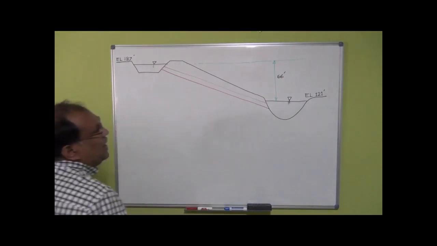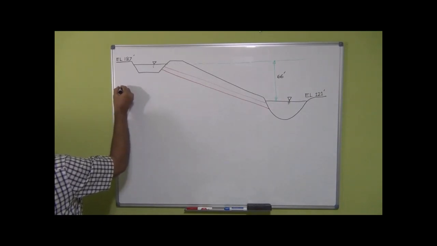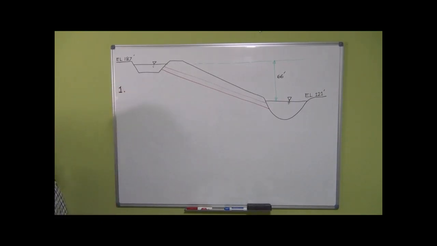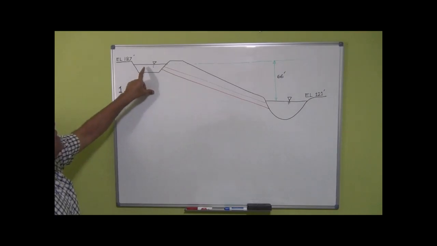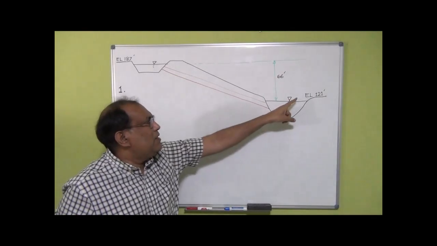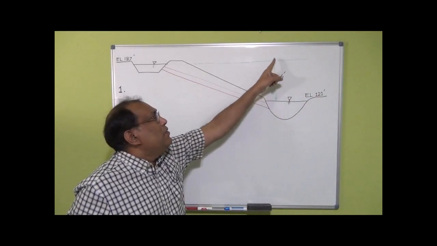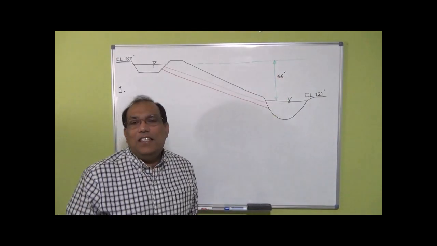you can see I already drew problem number 1 here. So here is your canal and the elevation is 187. Here is the river, the elevation is 121, and if you see the head difference is 66 feet.